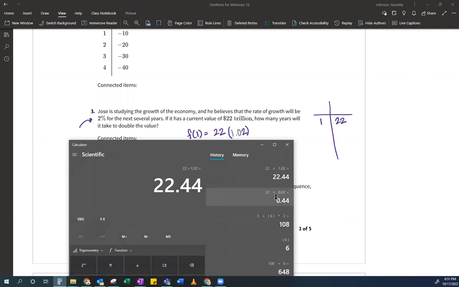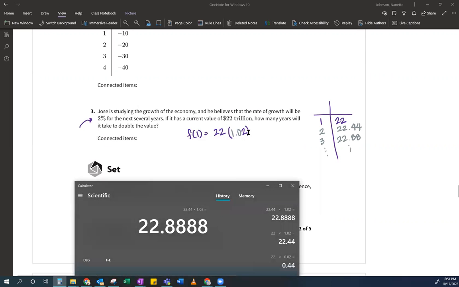So the next year was what I'm trying to get to. It would look like this, right? Remember, Ms. Johnson's favorite thing is to do a table. And then next year, again, multiplying by 1.02 would look like that, 22.88, and so on. Okay, so now if you look here, we're going to be multiplying by 1.02.